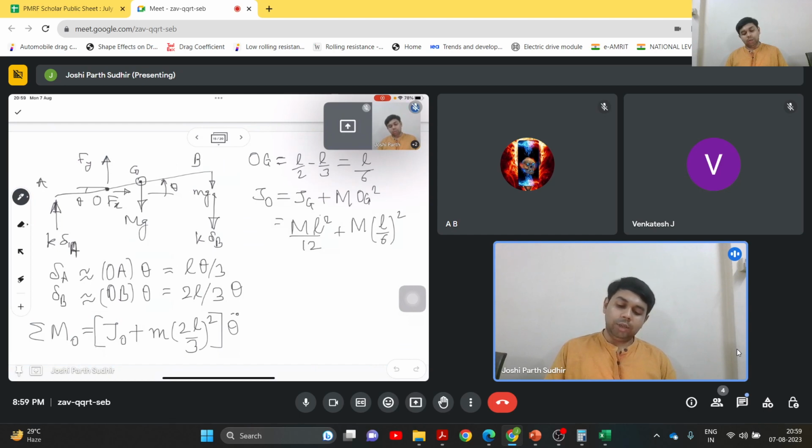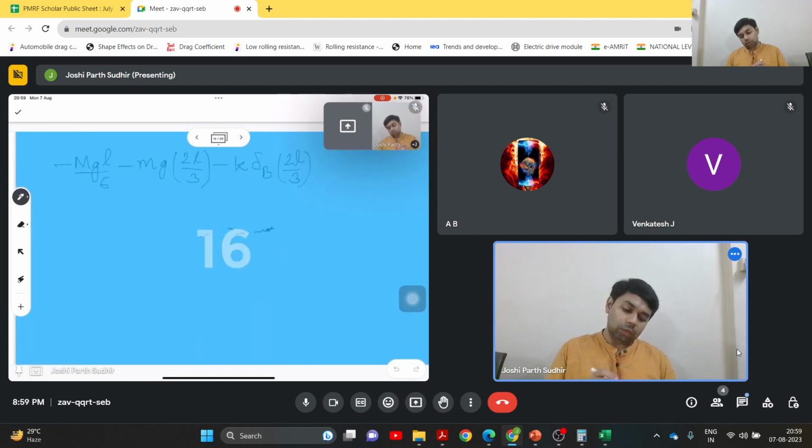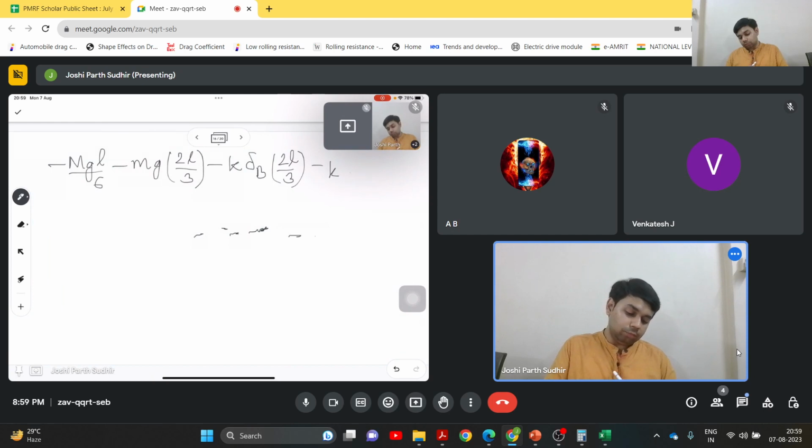And the moment because of the force k delta A will also be clockwise, at a distance of L by 3. So this is basically the summation of moments about O.